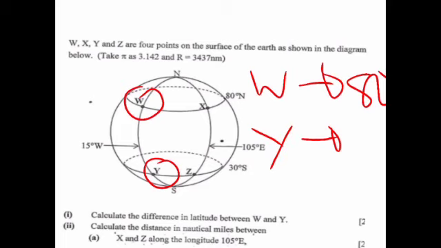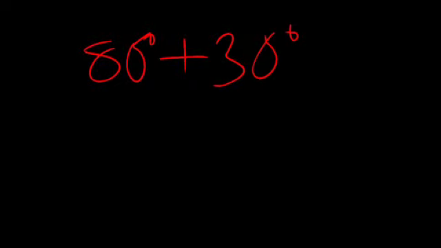So we have north-south, meaning to find the difference, we'll simply add. So 80 degrees plus 30 degrees is going to give us 110 degrees.